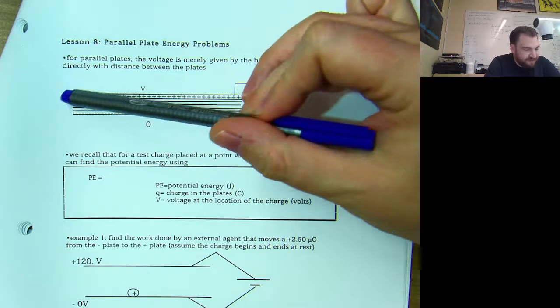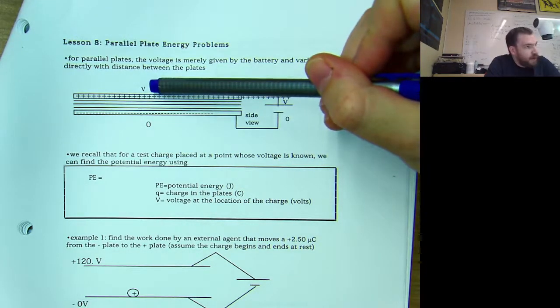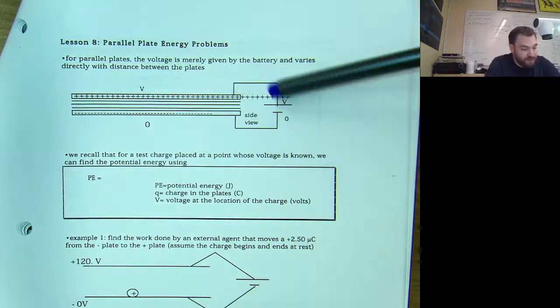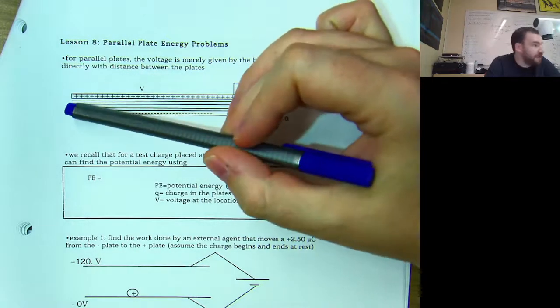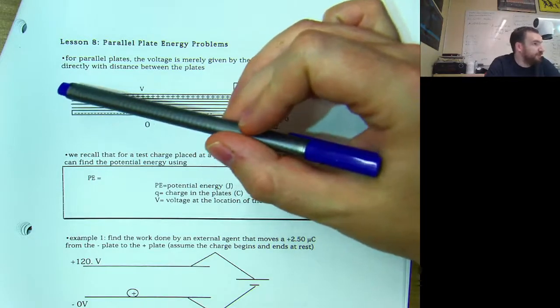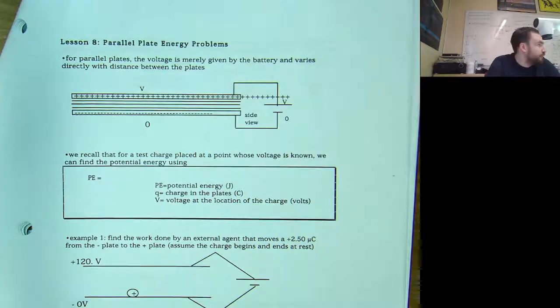Let's say there's 500 volts here and no volts here, so that's a large power supply, and there's a 5 millimeter gap. Every millimeter is an increase of 100 volts going from 0 to 500. The uniform distribution. And the electric field we've established, so watch the video, is constant between these plates, constant everywhere. It doesn't matter where you are between those plates.